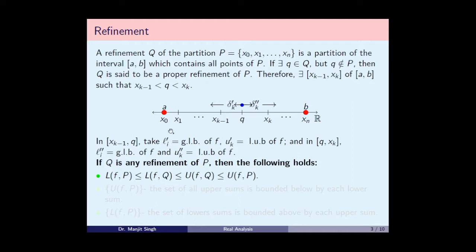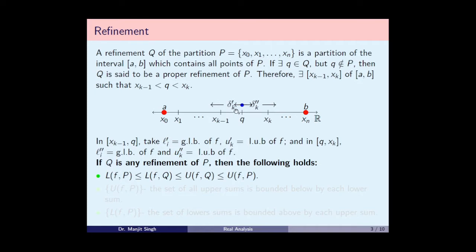There is already the partition x0, x1, xk minus 1, xk, and q is a point which is not in P and is in Q. So there will be a point on this number line somewhere between xk minus 1 and xk, and therefore the length of one subinterval will be delta k dash, and the other will be delta k double dash.